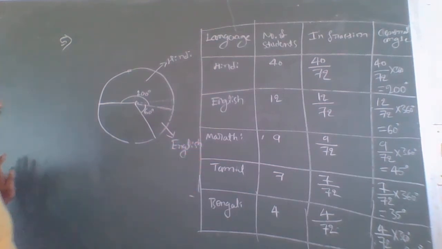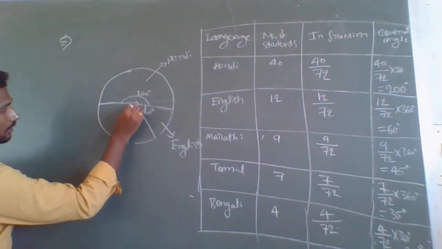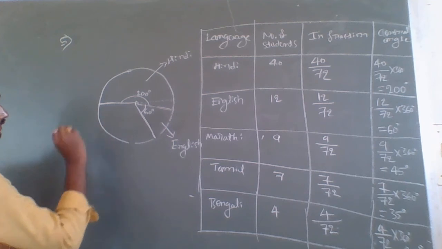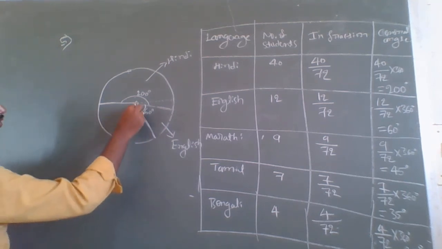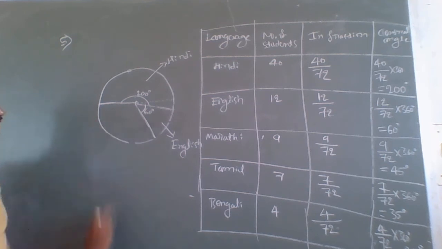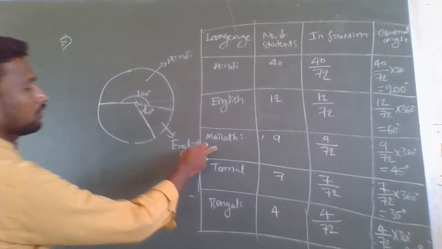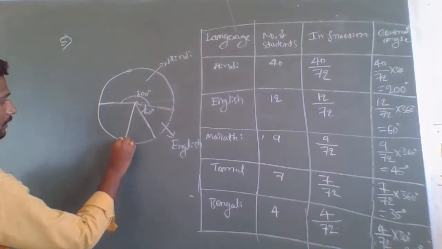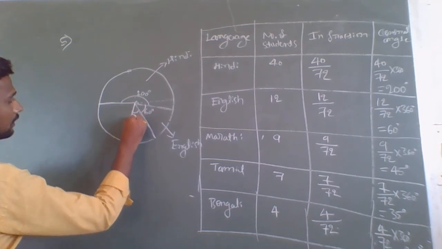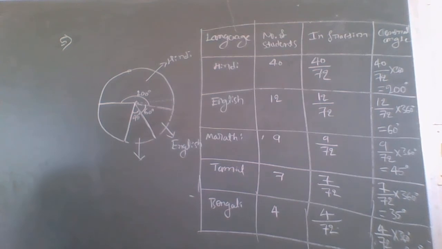Next, Marathi, 45 degree. Now consider this as the baseline for the next angle. Place the protractor on this line, and this is the point. Now draw the line for 45 degree. So this is 45 degree for Marathi.